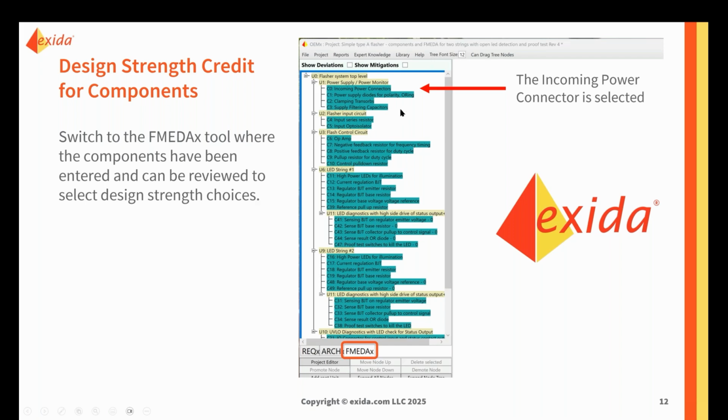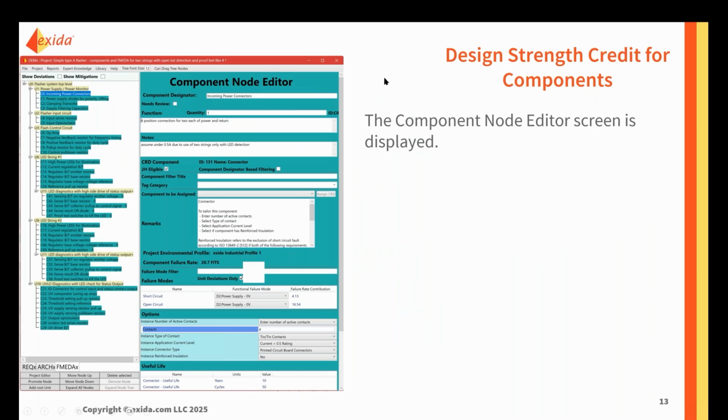So let's look at a component and just see where we identify the design strength features. Let's pick the incoming power connector component. And as soon as we do that, the component node editor comes up. And we look through this screen. Okay, I see failure rates, 20.7 fits for this particular connector. I see the connector failure modes mapped to the functional failure modes.